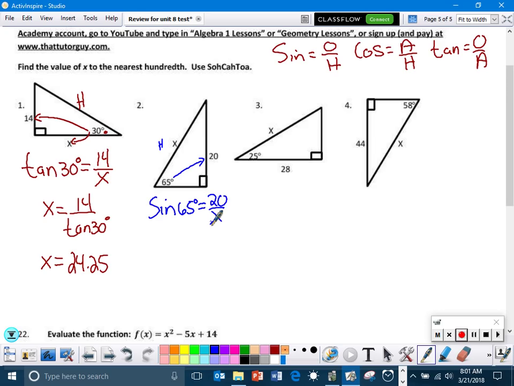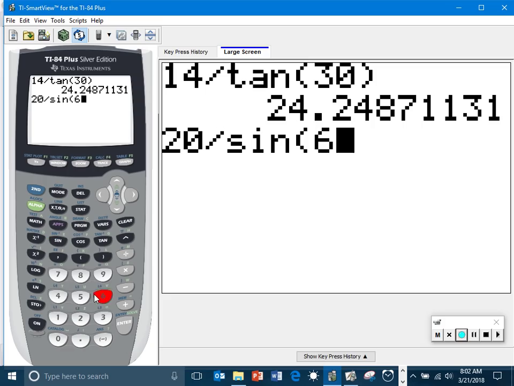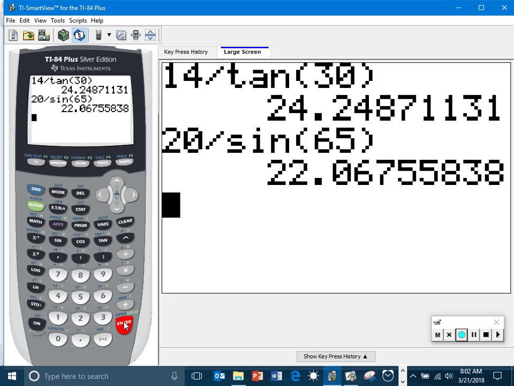Again, we don't want the x in the denominator, so we're going to switch. So x equals 20 divided by sine of 65 degrees. Type it in, 20 divided by sine 65 degrees. 22.07.